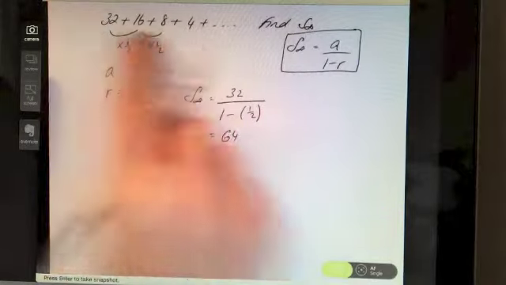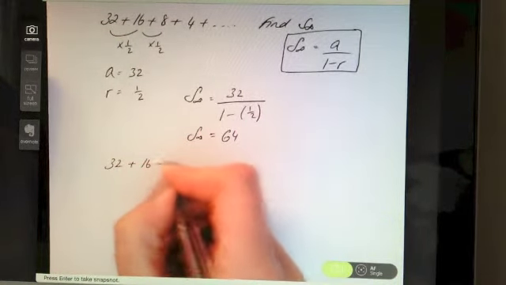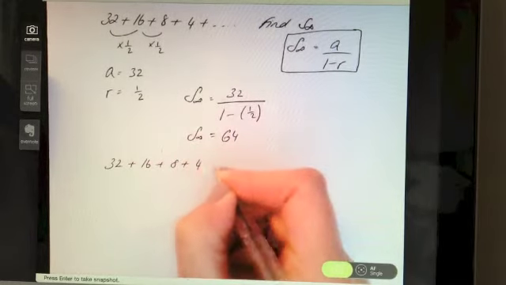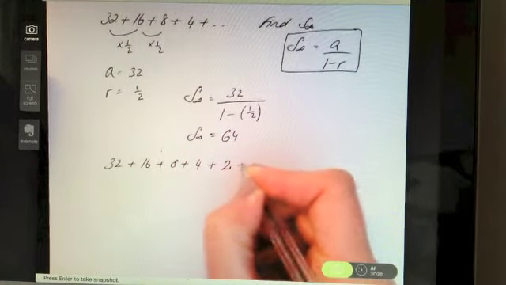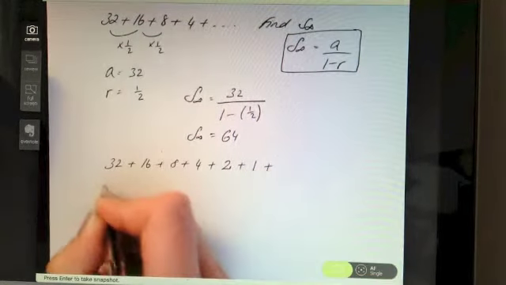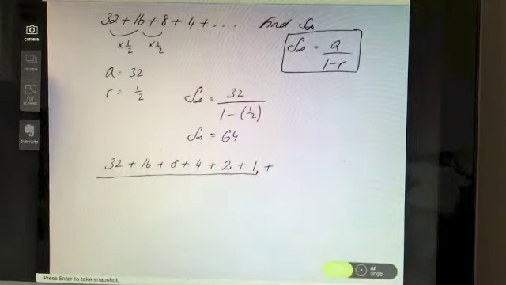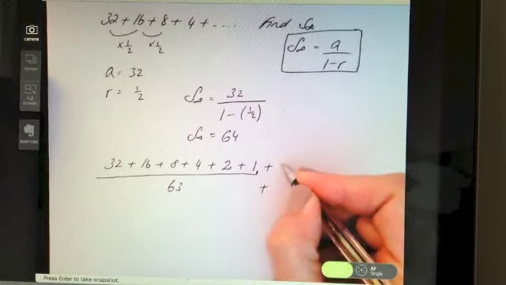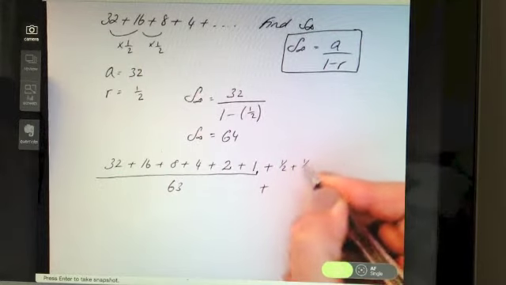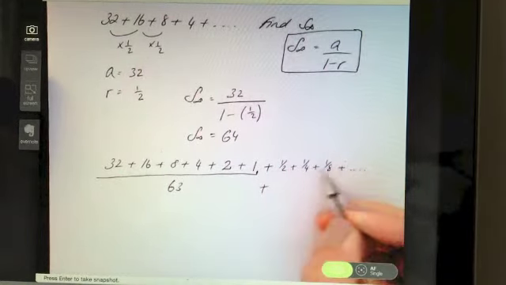If you were to take a look at this, we have 32 plus 16 plus 8 plus 4. The next value would be plus 2 and then plus 1. Those terms added up so far work out to be 63, and then you're adding on a half, a quarter, 1/8, and so on, getting smaller and smaller.